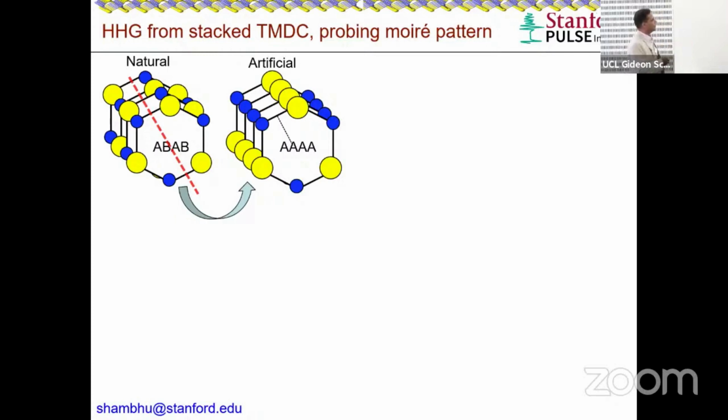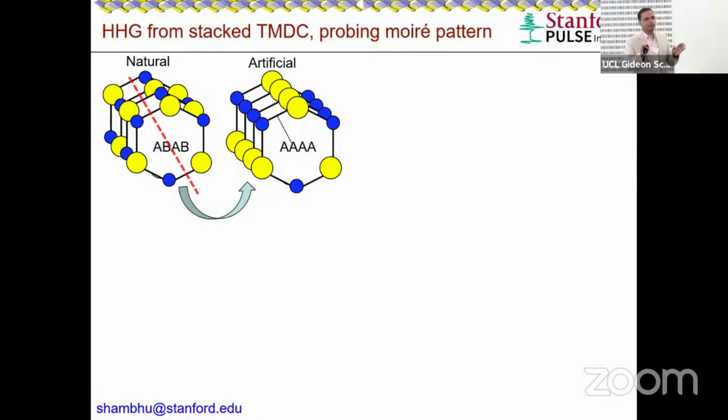For interesting applications, one of the things that is probably going to be a big deal in the next several years is to probe moire patterns. These moire patterns are very interesting, which you form just by taking two sheets of graphene and orienting them at some angle.